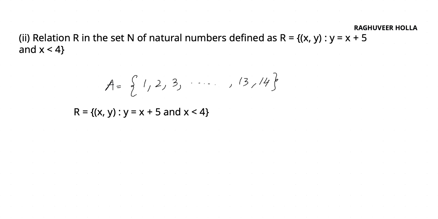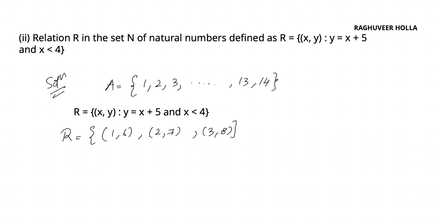As the solution for this, again the set A is 1 to 14, and the relation R would be: when x is equal to 1, y will be 6, so 1 comma 6, 2 comma 7, and 3 comma 8. This is the relation which we get.